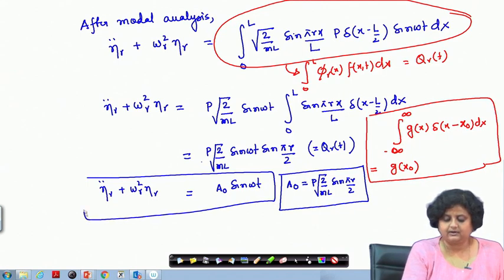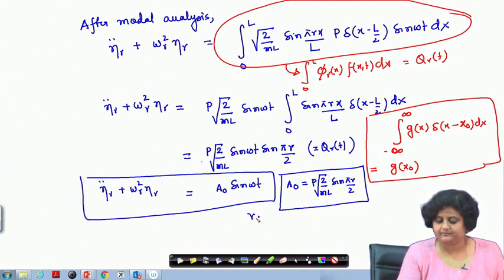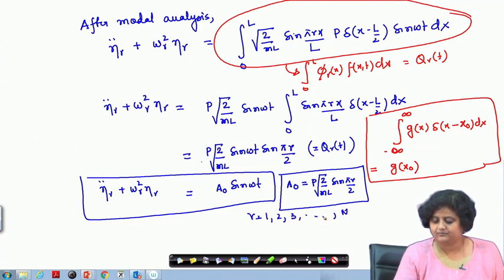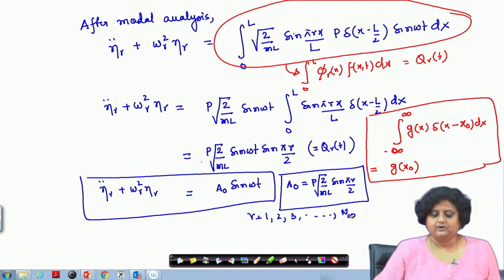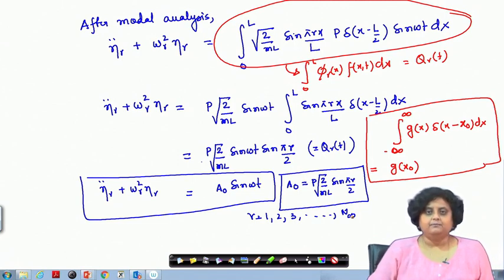So, this expression is nothing but the equation of motion of a single degree of freedom system with a sinusoidal load or harmonic load, and we know very well how to solve this equation and get the value of eta r.